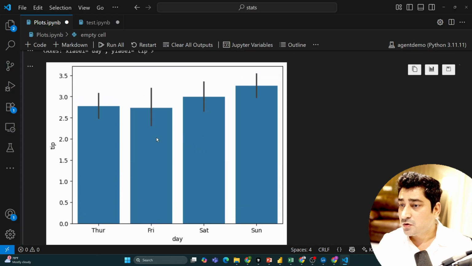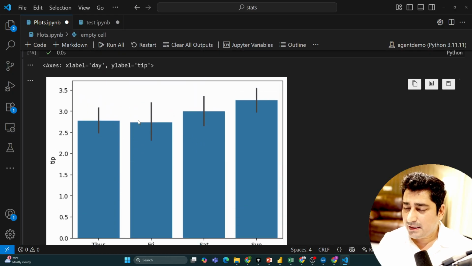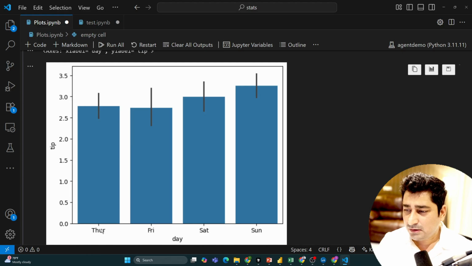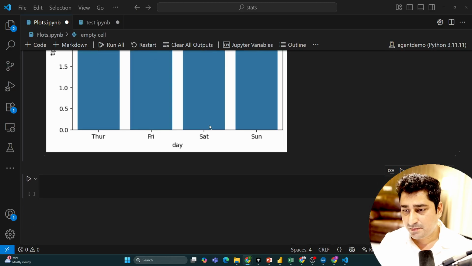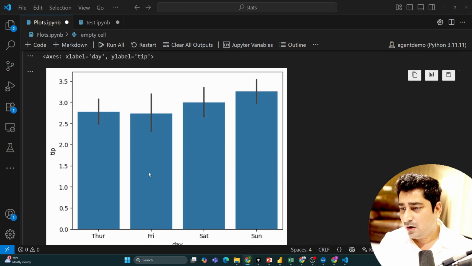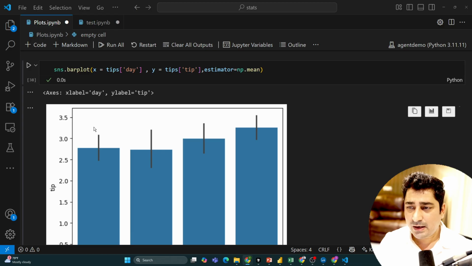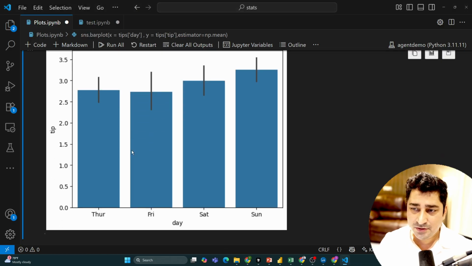So what was the average tip on Thursday, Friday, Saturday, and Sunday? Obviously on Sunday, people were getting more tips as compared to other days. So this is what it is trying to represent as a bar plot. On the x-axis, categorical data. On the y-axis, I'm trying to represent the average of it.